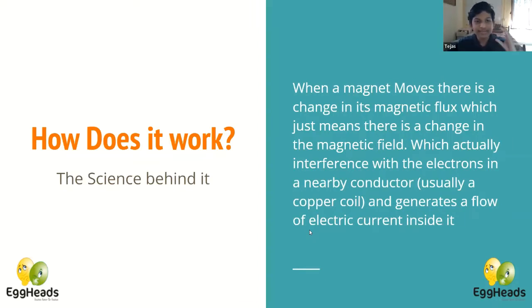There is a change in what is called its magnetic flux, which means there's a change in its magnetic field. Now when this change is happening, if you put a conductor next to it, for example, a copper wire, this change is somehow able to interfere with the electrons in the conductor, and it's able to induce the current into it.